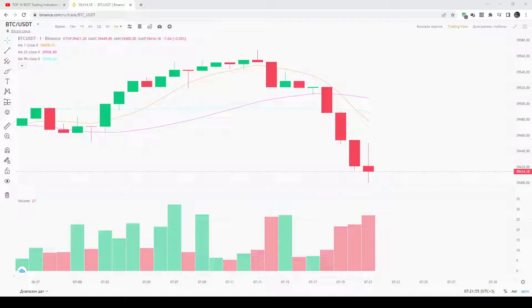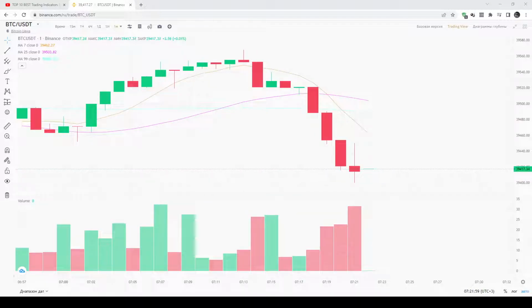When leading span A is moving up above leading span B, it helps confirm that the market is in an uptrend. In this case, the space between the lines is usually colored green. When leading span A is moving down below leading span B, it may confirm a downtrend. In this case, the space between the two lines is usually colored red.